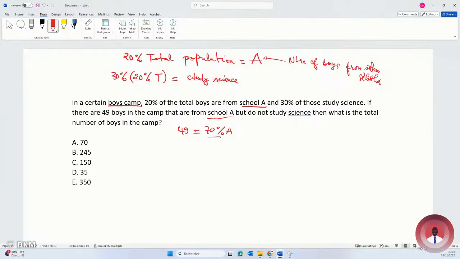Why 70%? Because here we already know that 30% of those boys study science. So this will represent those who do not study science.